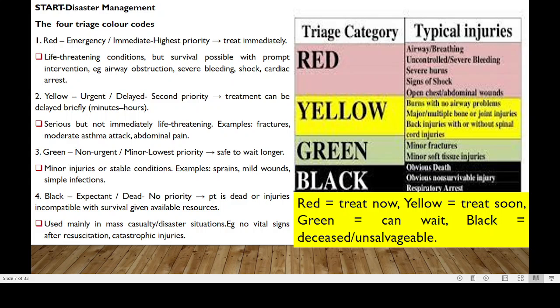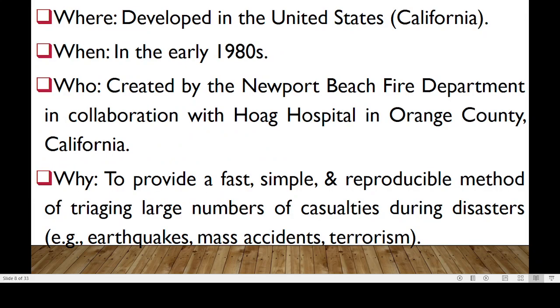So we also have another triaging scale. This one is more of a global aspect, and it was developed in the United States, specifically California, in the early 1980s, and was created by the Newport Beach Fire Department in collaboration with the Hoag Hospital in Orange County, California.